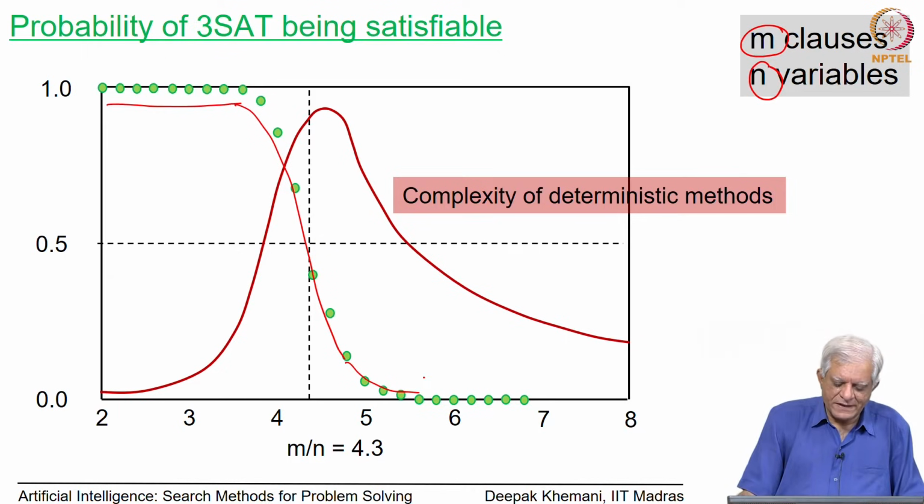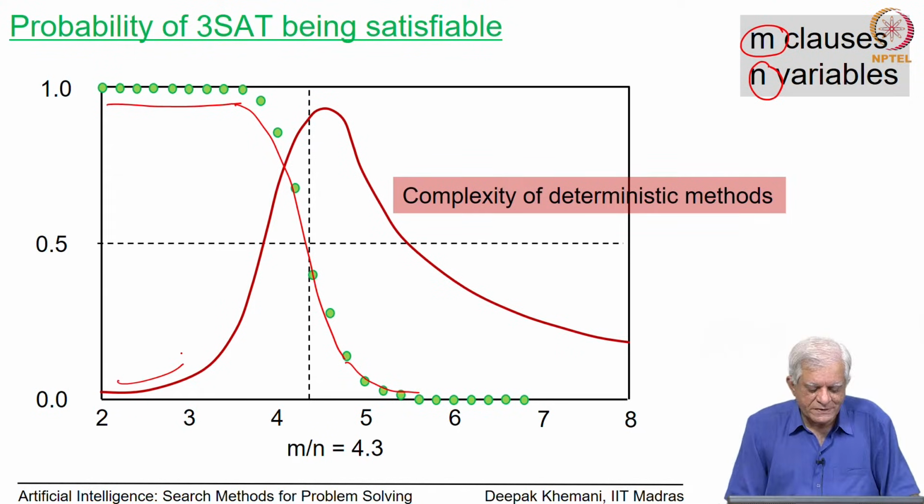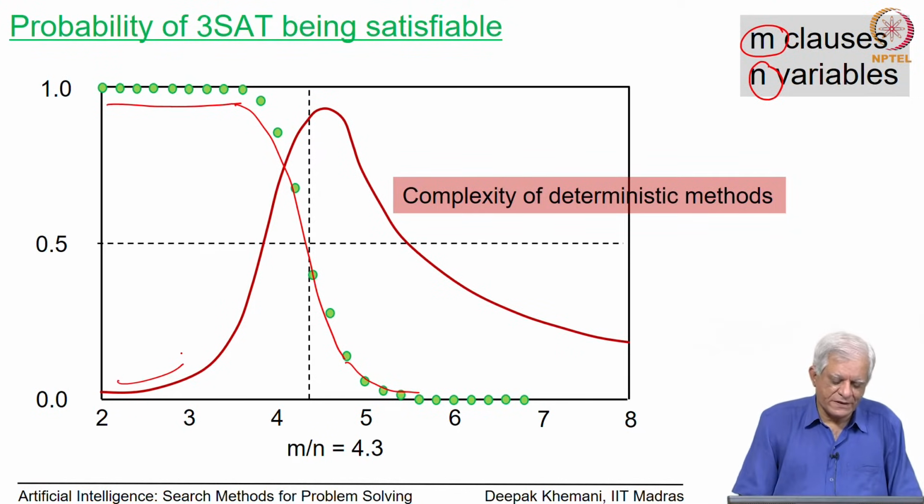And the second plot in this diagram, which is this red colored graph, shows the complexity of solving this. You can see that initially the complexity is low, because the formulas are more likely to be satisfiable and you are more likely to find a satisfying assignment easily, but as you head towards the transition, the complexity shoots up, and later on when the formula becomes unsatisfiable, then it is often easy to show that it is unsatisfiable.